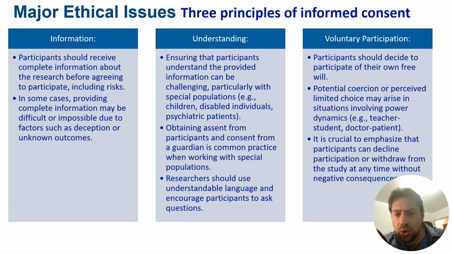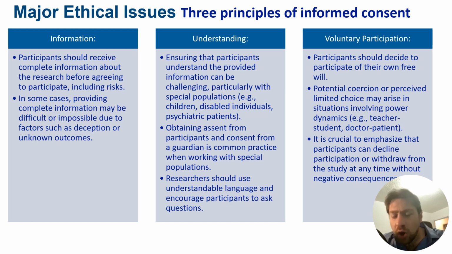Okay, so informed consent, another critical principle in the ethics of research. And there are three sort of dimensions of informed consent, and that is information, understanding, and voluntary participation. Okay, so information.